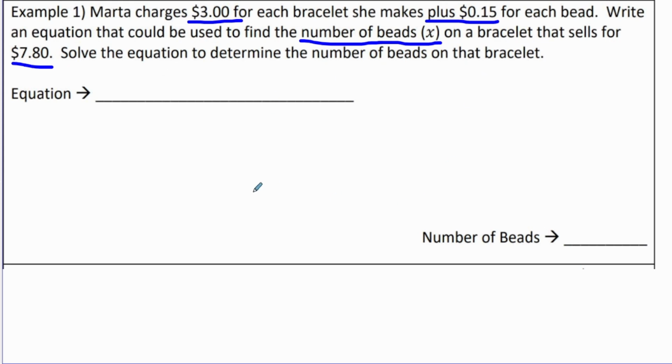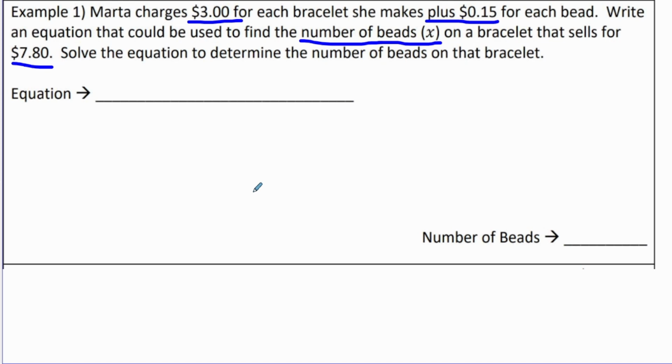Solve the equation to determine. So, now we have to ask ourselves, how can we write an equation? We know that she charges $3 for each bracelet plus 15 cents for each bead, and the total number of beads is X. This bracelet that we're trying to solve for costs $7.80.